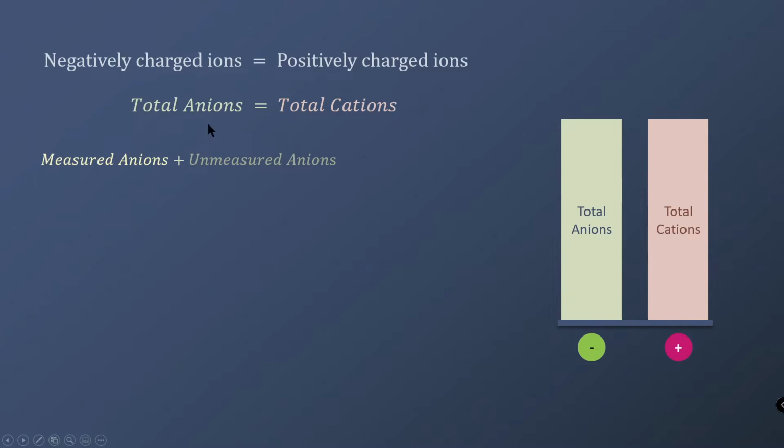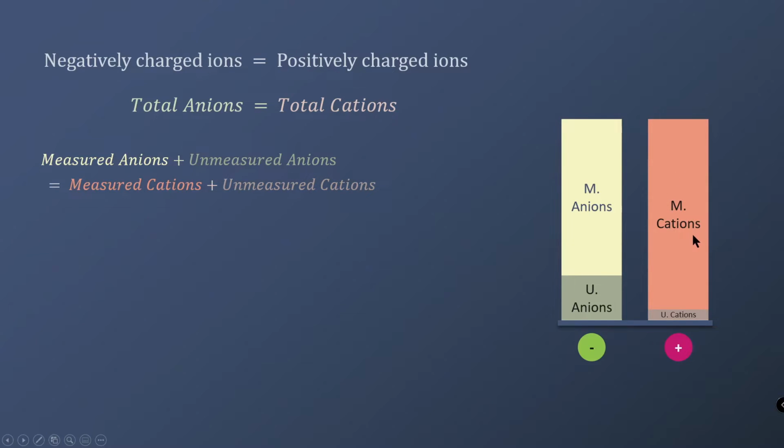So total anions is equal to unmeasured anions plus measured anions, right? Similarly, total cations is equal to unmeasured cations, which are very small, plus measured cations, right?